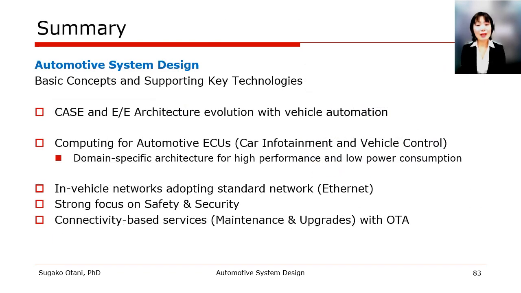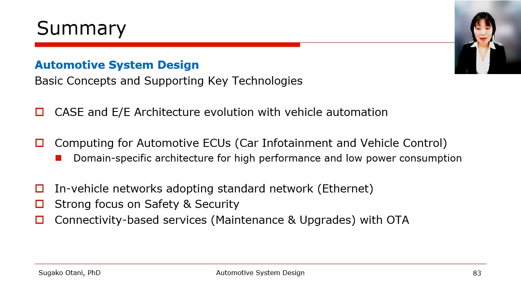So, I would like to summarize this tutorial. I discussed the basic concept and supporting key technologies for automotive system design. Use cases and EE architecture evolution with vehicle automation were introduced. Computing for automotive ECUs includes infotainment and vehicle control, which are handled by SoCs and MCUs, respectively.